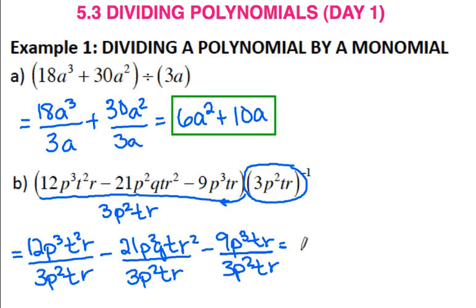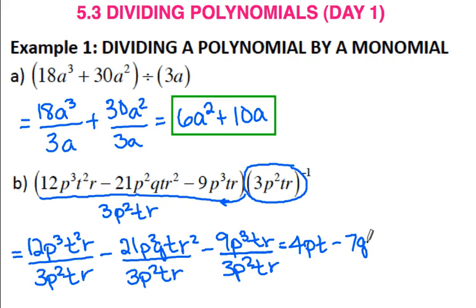So 12 over 3 reduces to 4. Two of these p's are going to cancel, so you're just left with 4p. T is going to cancel, so you're left with 4t, and then your r's cancel. For this one, -21 over 3 becomes -7. Your p squares cancel. You don't have a q, so it's going to be 7q.